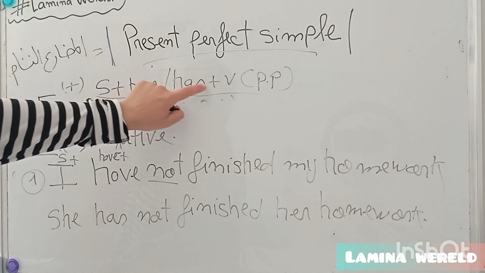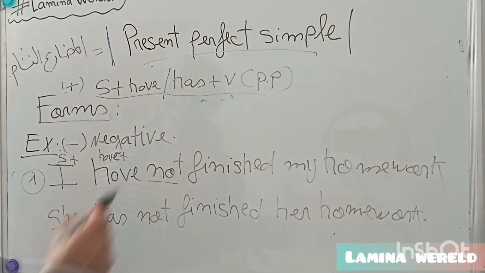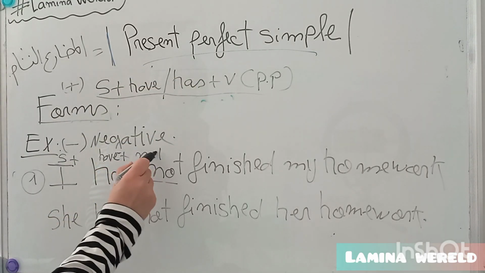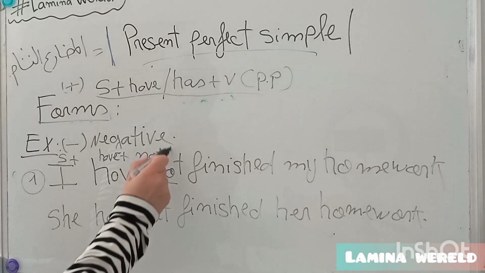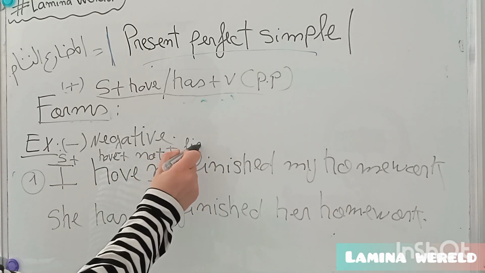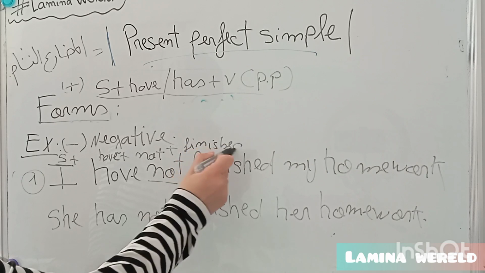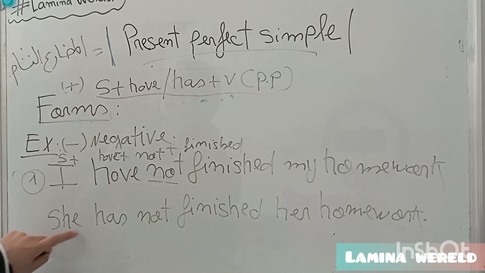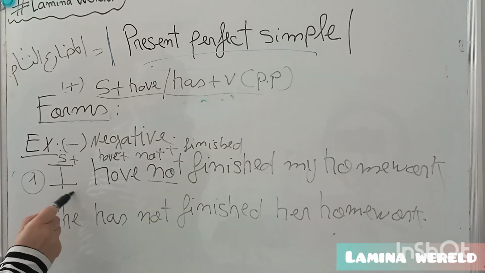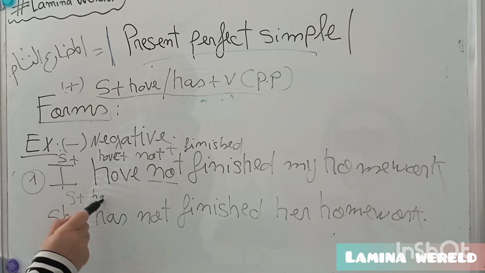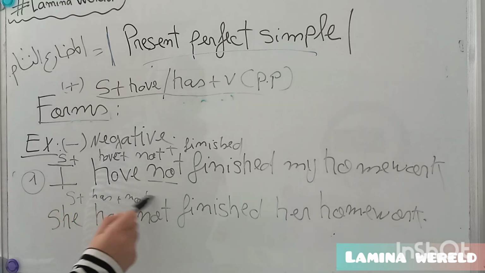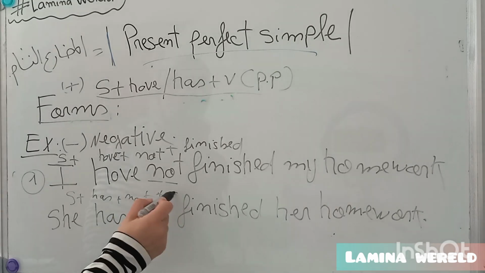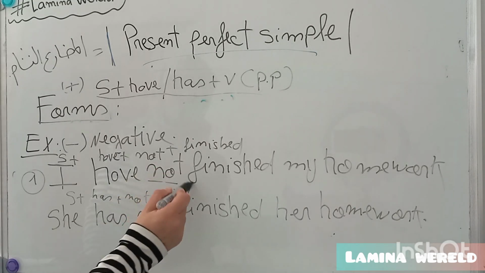Have or has plus not, the negation tool. So not plus finished. Good. Now with the third person singular, we have the same subject plus has plus not plus finished, verb in the past participle.